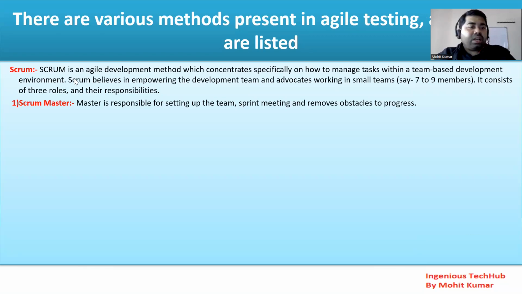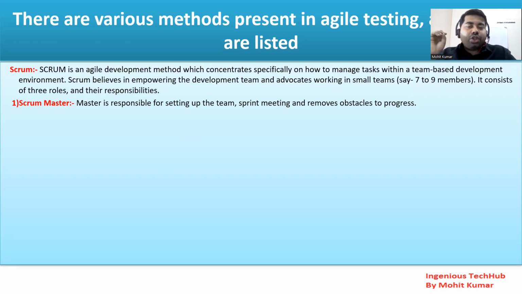Scrum is an agile development method, one method which concentrates specifically on how to manage tasks within the team based on the development environment. Scrum believes in empowering the development team and advocates working with a small team, like seven or nine members. We don't have a big team here. It consists of three roles. Okay, so we have a Scrum Master.